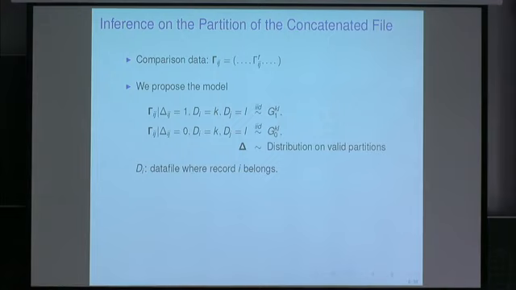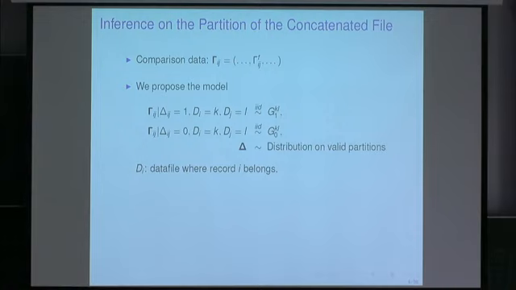By doing that, you allow these distributions to adapt to the different types of errors that the files might have. And what's also different is that these matching indicators are not independent of one another, but are determined by a structure that represents a partition.